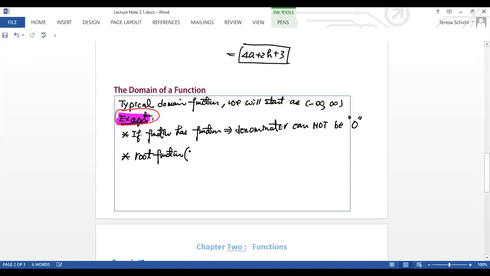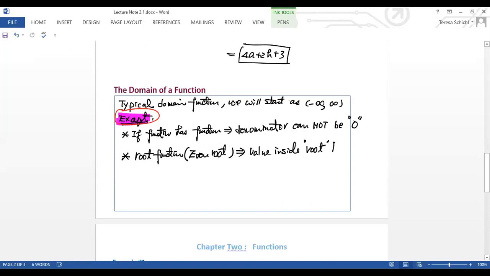these roots, we talk about the even roots. Okay, so the even roots mean the square roots, the fourth roots, the sixth roots. So for the roots functions, we need to be careful about the value inside the roots.